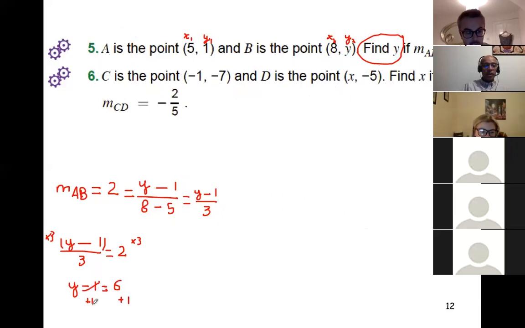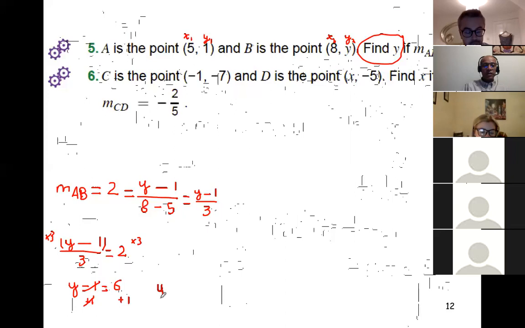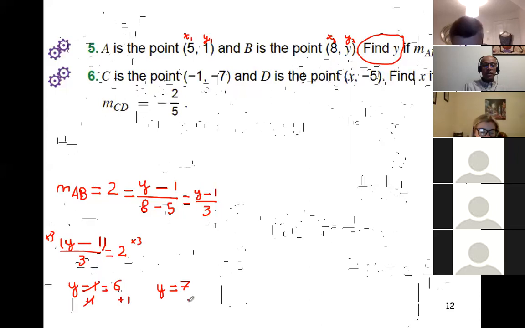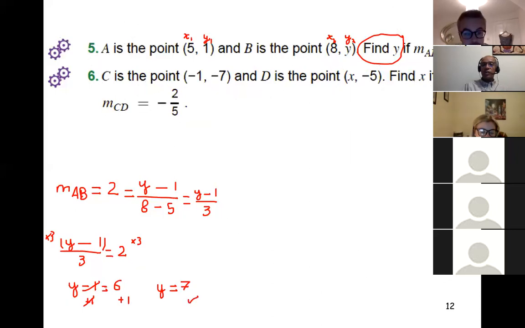Because if you add 1 and take away 1, those disappear. y equals 6 plus 1, which is 7. Okay, so that was the question. Find y if the gradient is 2. To get a gradient of 2 between those 2 points, I need to have y equals 7.